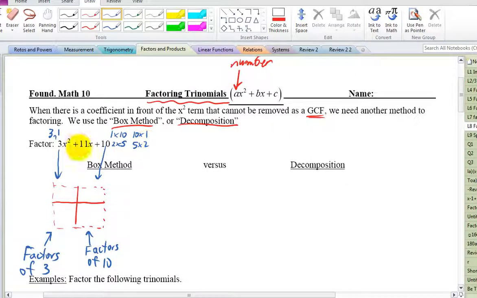We've got to check and see which one gives us 11. So here we do a quick sum check. We cross multiply, put our answers here, and check our sum.